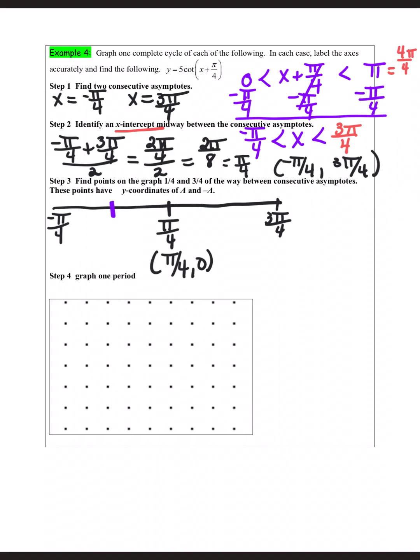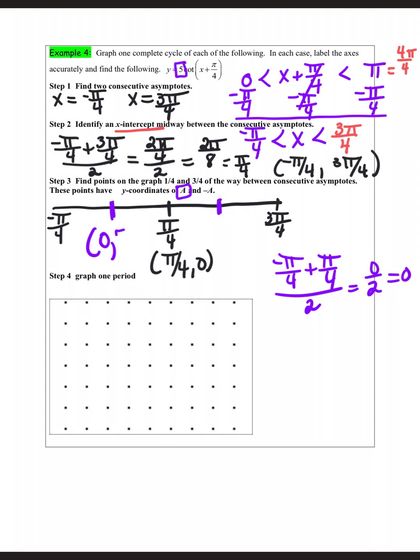Now to find the points a fourth and 3/4 away, well, the first one would be negative pi over 4 plus pi over 4 divided by 2. So 0 divided by 2 is 0. So it's going to be the point 0, comma my a. Well, a here is 5.